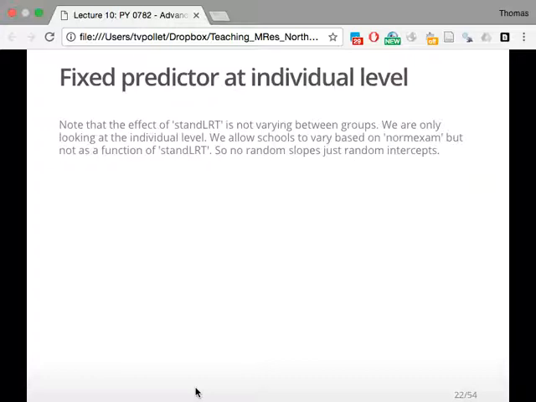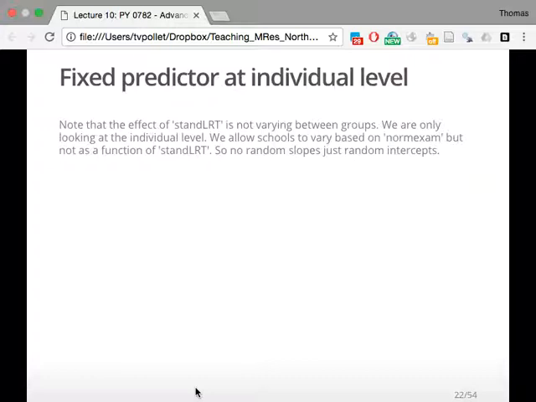So it's just accounting for a high or low shift, but not as a function of stand LRT, because that would be a random slope model. It's just accounting for a shift upwards or downwards, but not the angle. So we allow schools to vary based on norm exam, but not as a function of stand LRT. So it's just this type of upward or downward shift, but not an angle shift.